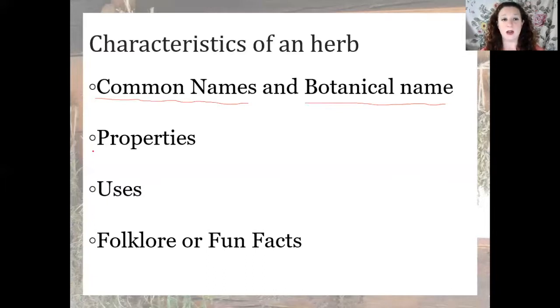We talk about the properties of an herb, and these have names, sometimes antiviral, antiseptic, antibiotic, and what they are, they give you an idea of what that herb can do.